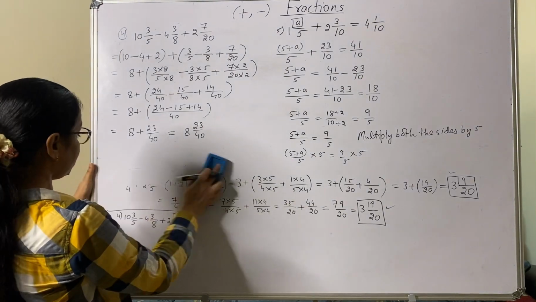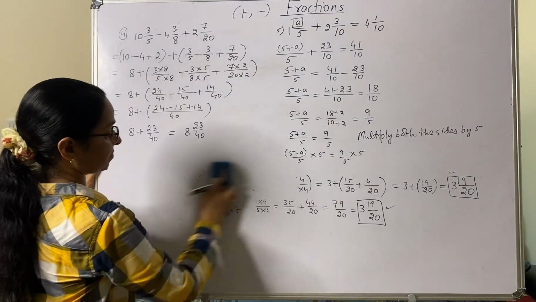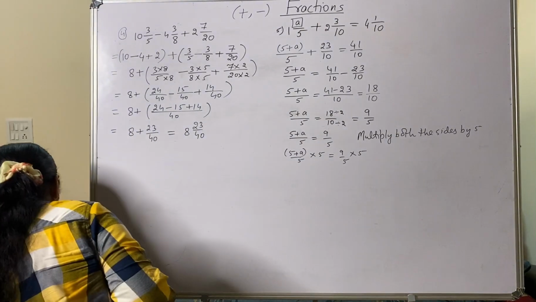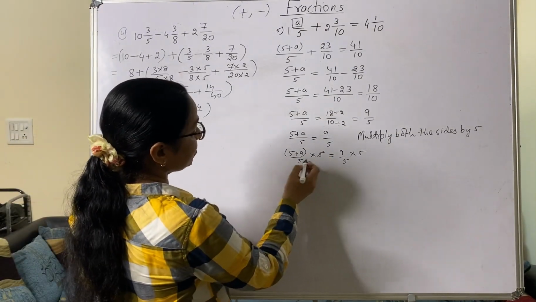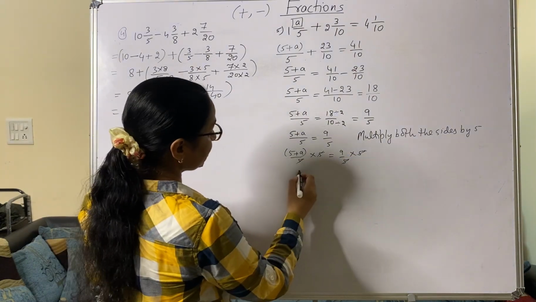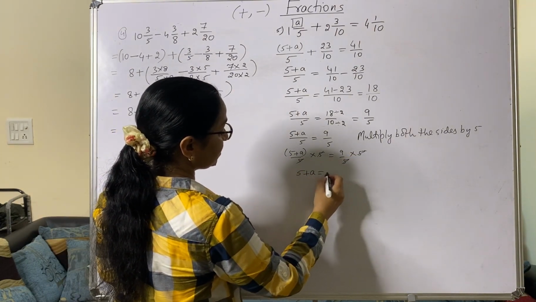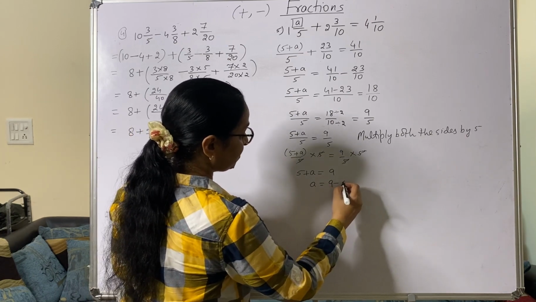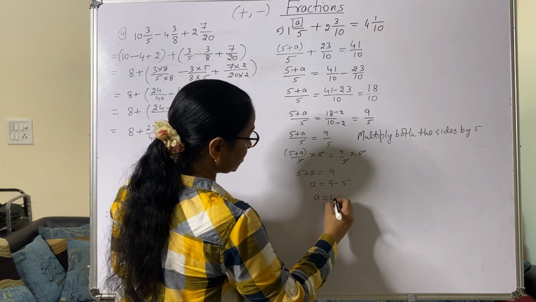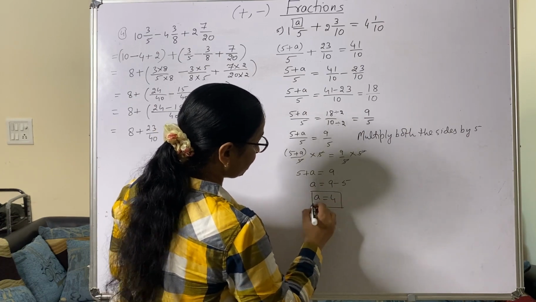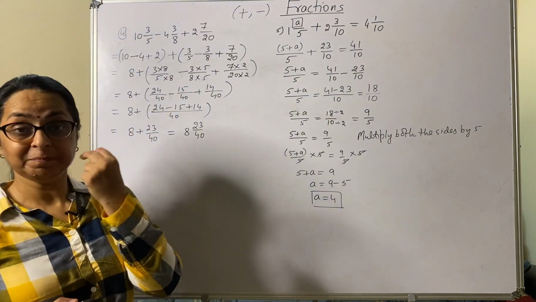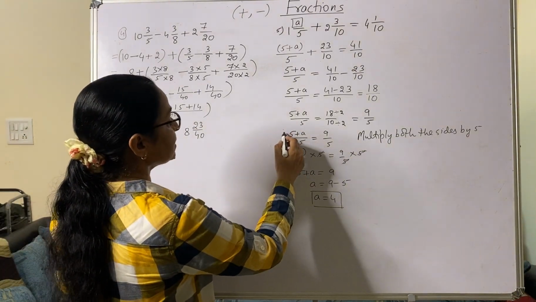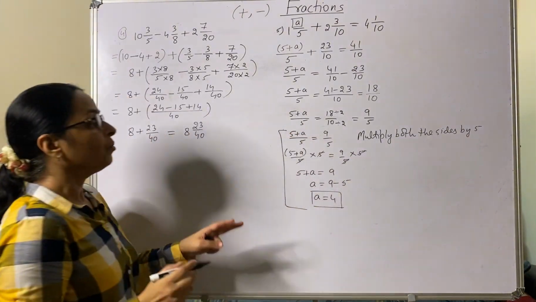So when we multiply by 5, this goes out and you are left with 5 plus a is equal to 9, which is a is equal to 9 minus 5. So my a is what? It is 4.